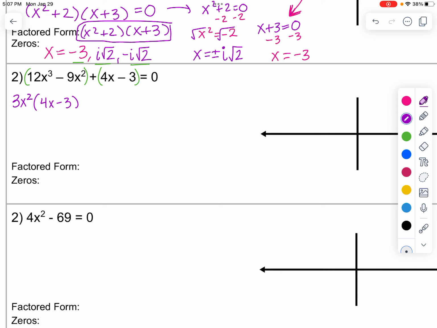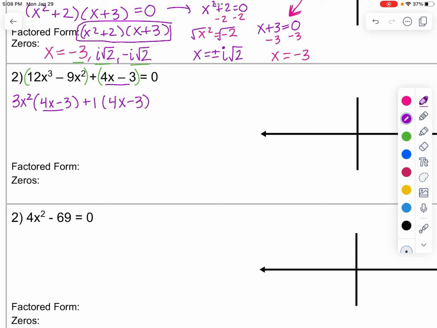For the second parentheses, the second group, we could factor out, well, notice this is 4x minus 3, which is what this is. So we don't have anything to factor out, but technically we have to factor something out. So what is something that I could divide anything by and it would still stay itself? That answer is 1. So we're actually going to factor out a GCF of 1 so that it stays 4x minus 3, which is what we want.